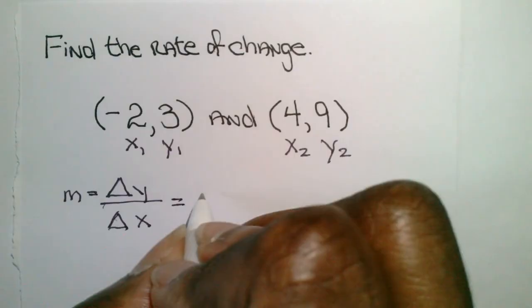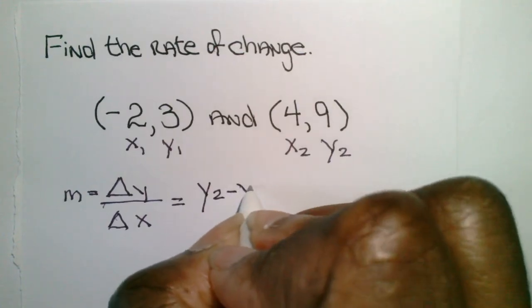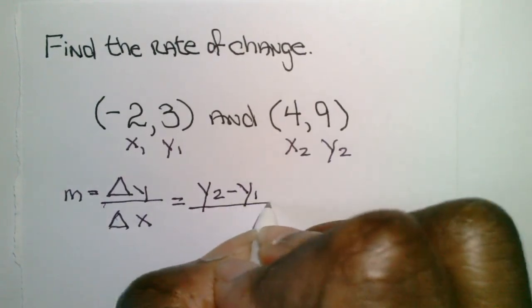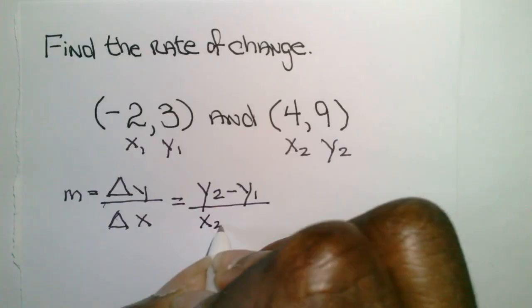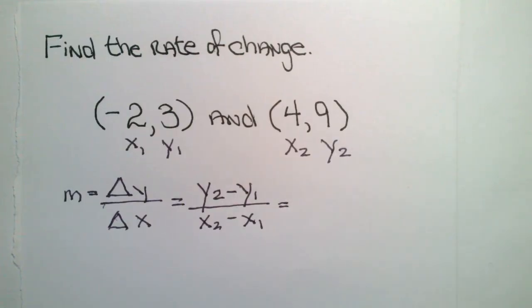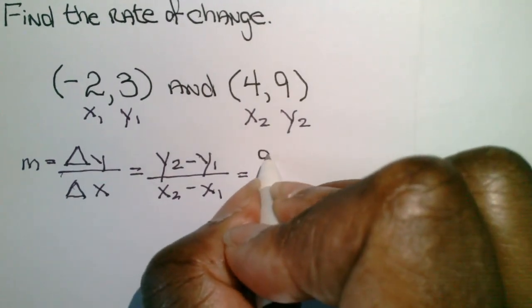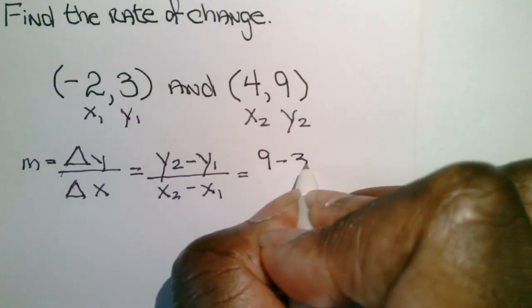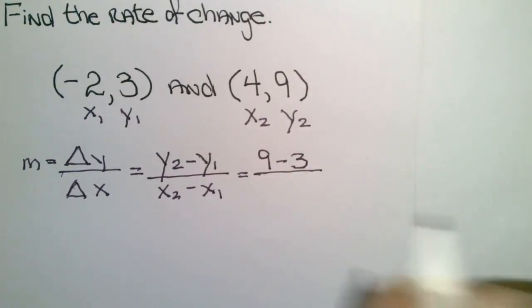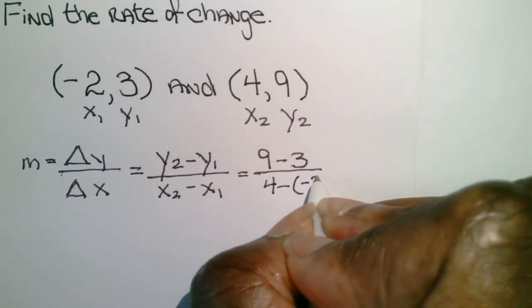So now, we could follow the rule of y sub 2 minus y sub 1, over x sub 2 minus x sub 1. So we're trying to find the difference of our y's. So if you want to, you could have gone 9 minus 3 over 4 minus negative 2.